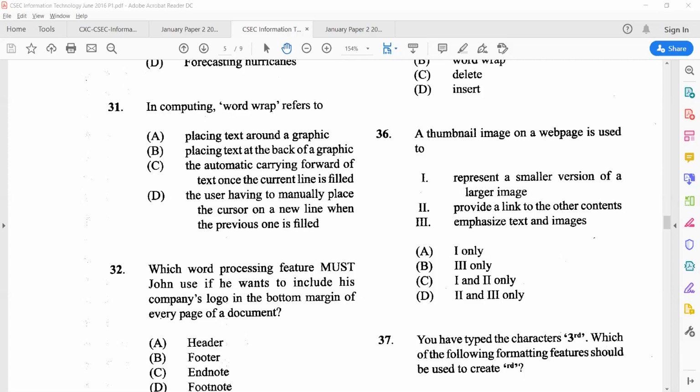C, right. So word wrap, and let me see if I can just demonstrate that here for you. Let me share the screen first.